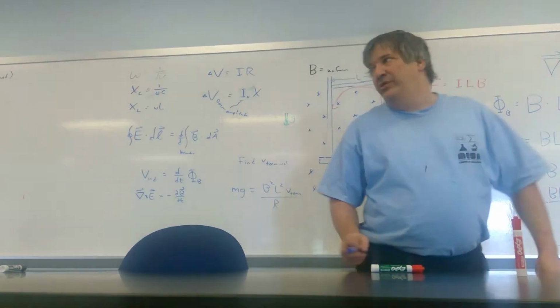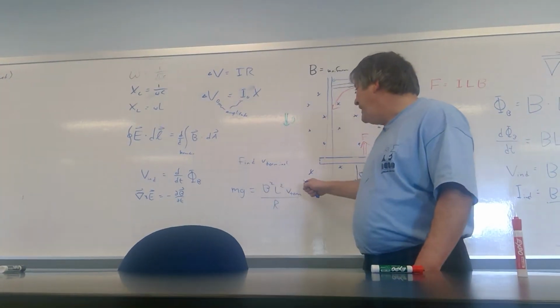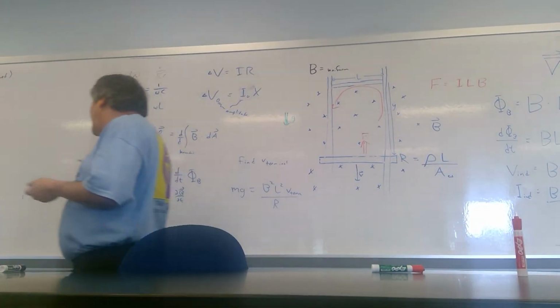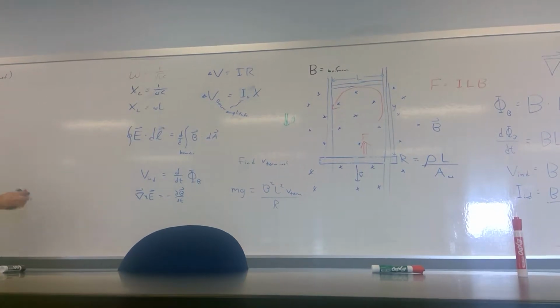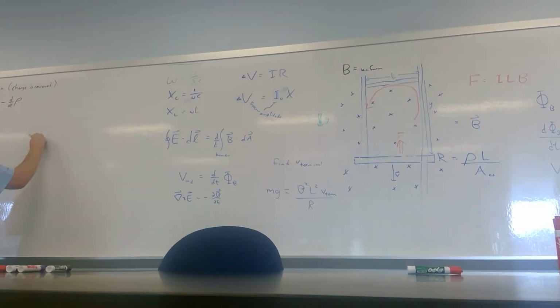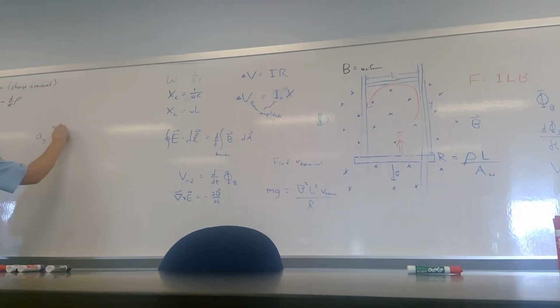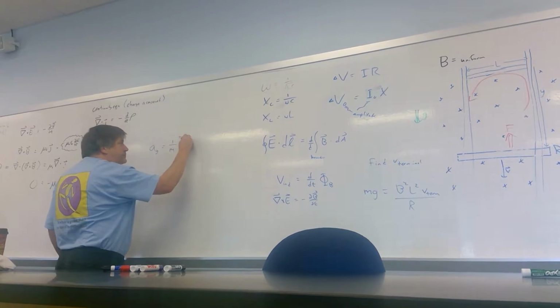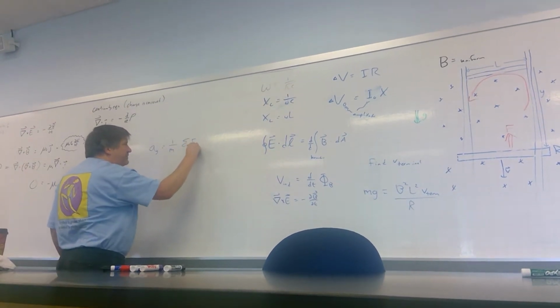So I guess one thing I could do, instead of just waiting until you hit terminal speed and you make those two forces equal, is ask you what your acceleration was at any moment during that fall. I would say the y component of my acceleration is 1 over the mass of that rod, so I would have to tell you something about its mass, times the sum of the y components of the forces.